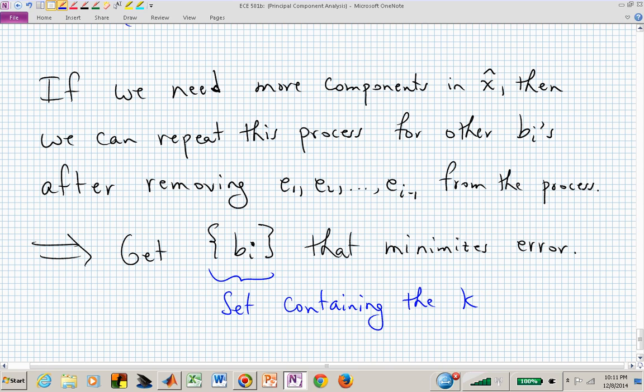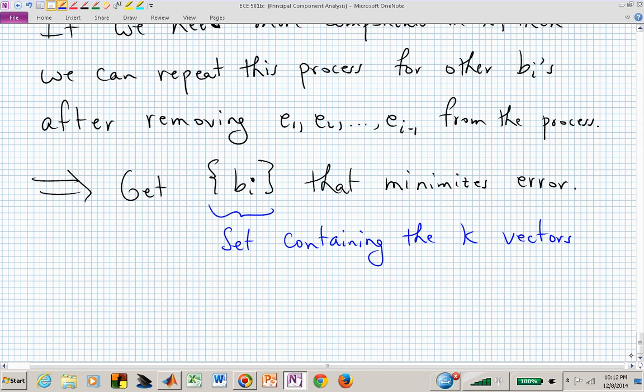That's the set containing the K vectors that are desired for the minimum between x and x hat.